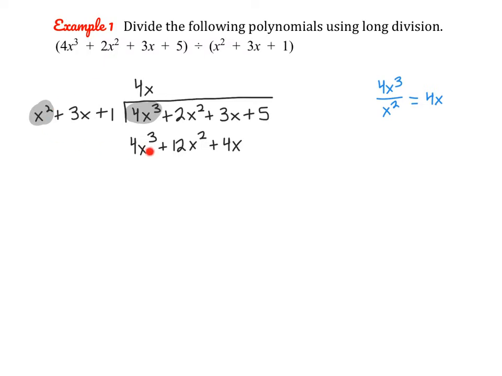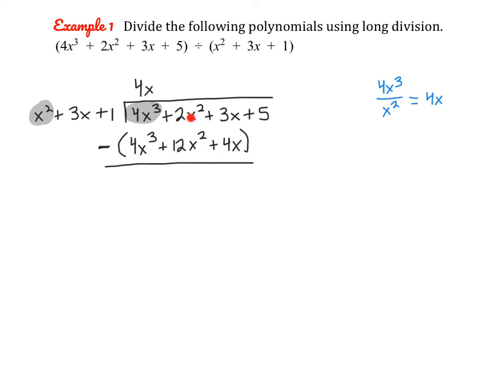So the next step after we multiply, just like with normal long division, is we subtract. Here we do need to be extra careful. We need to make sure that we're subtracting every single term. So I like to group this in parentheses to remind myself. So we do 4x cubed minus 4x cubed, which is 0. So that first one should always cancel out.